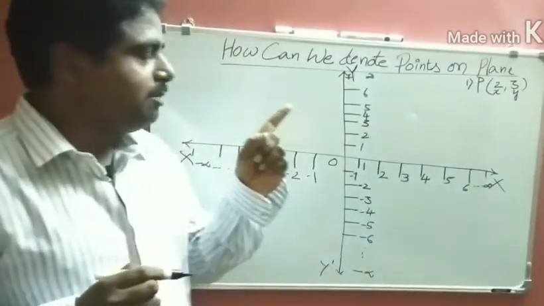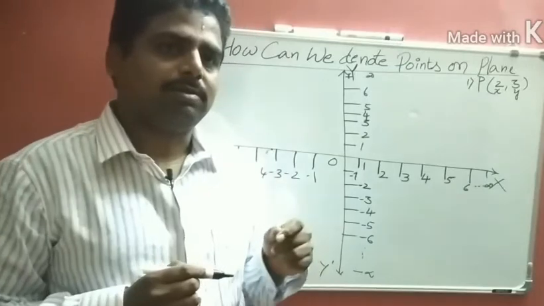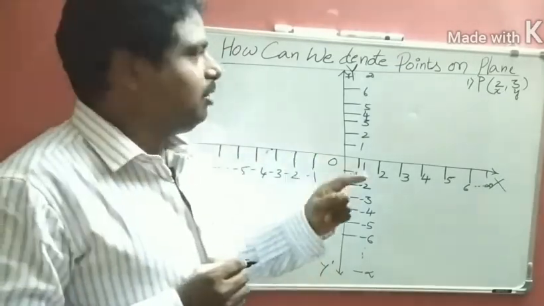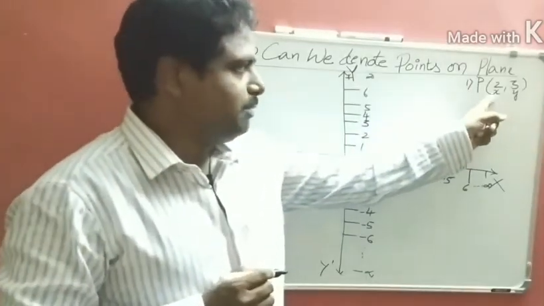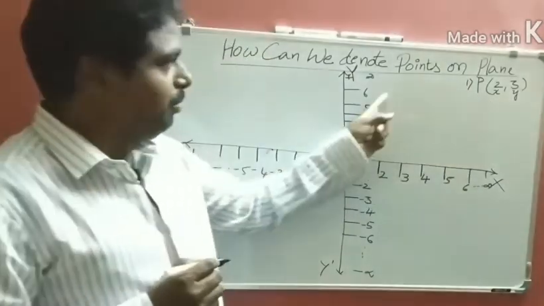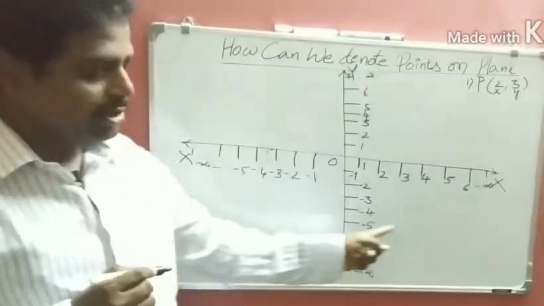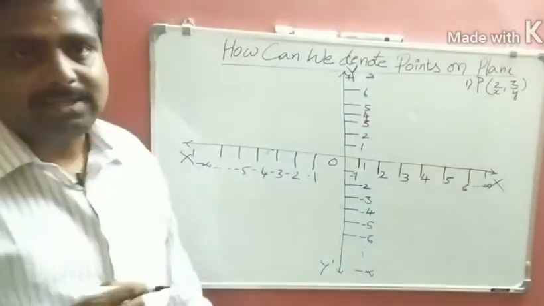Both are positive. Since both are positive, according to the characteristics of numbers in the Cartesian plane, the point should lie in Q1. This is Q1, this is Q2, this is Q3, this is Q4. In quadrant 1 the point (2, 3) lies.